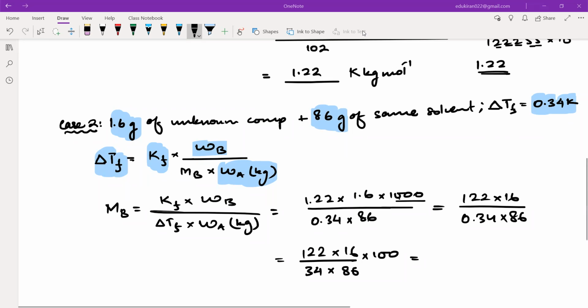No, Adriel. Please check your decimal point. Okay, it's near enough now. It should be 66.75 grams per mole. You must have made some mistake in the calculation, but it's still approximately correct. Sir, I took KF as 1.21.